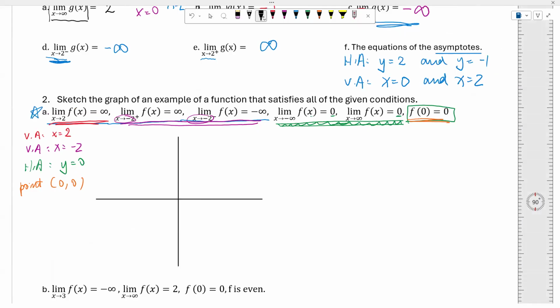First, I would like to put down the scale on the x-axis.